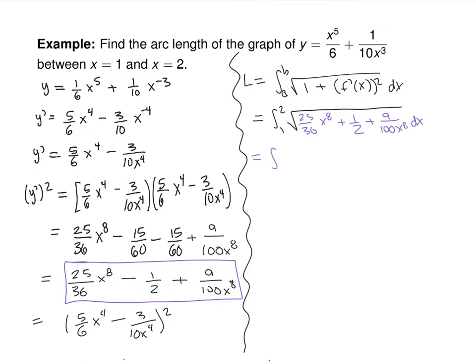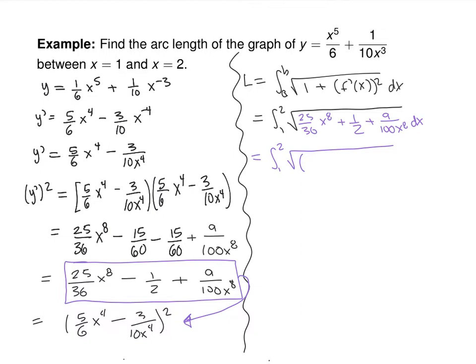And believe it or not, that stuff inside the square root sign, notice how this thing we had came from 5 over 6 x to the 4th minus 3 over 10 x to the 4th quantity squared. This is going to be the exact same quantity with a plus instead of a minus, the only difference.